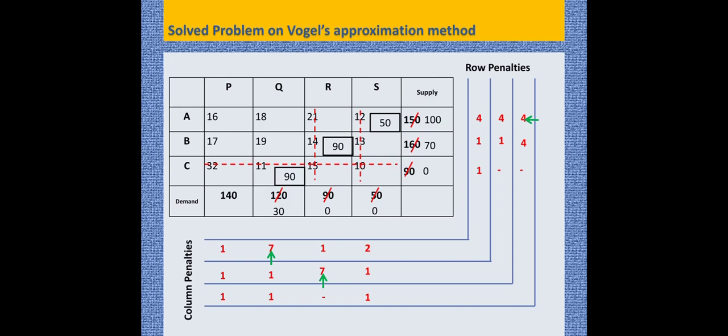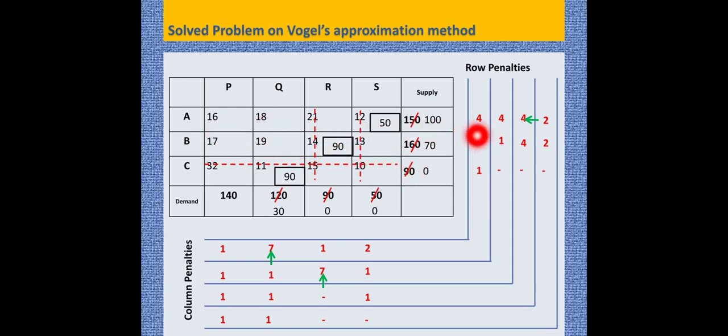Again I have to calculate the row penalty and column penalties for the reduced transportation table. 18 minus 16 is 2, 19 minus 17 is 2. So here 17 minus 16 is 1, 19 minus 18 is 1. So again there is a tie here, 2 and 2. So here least cost is coming here. So this particular row will be considered for allocation.